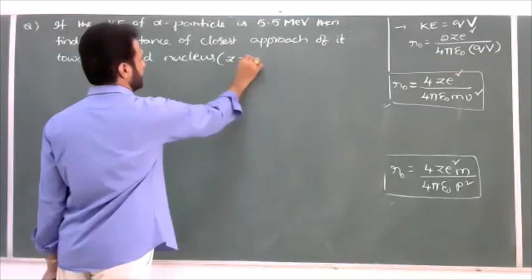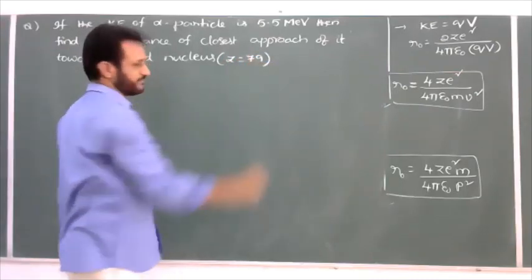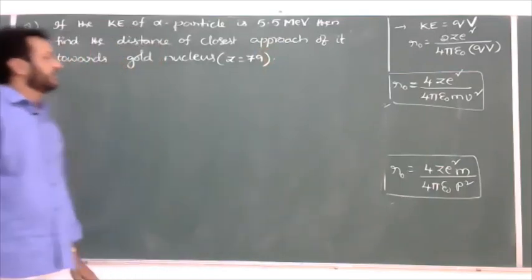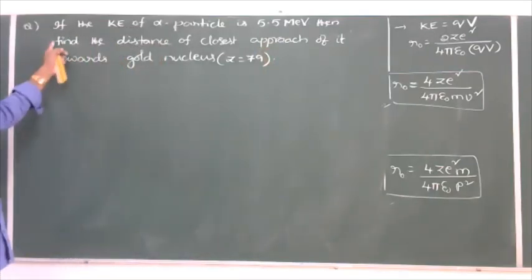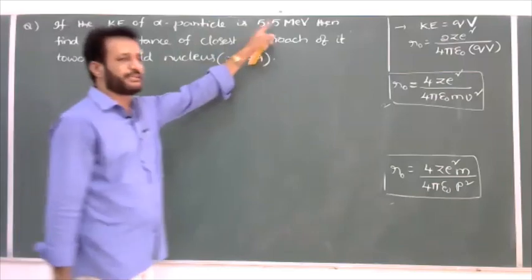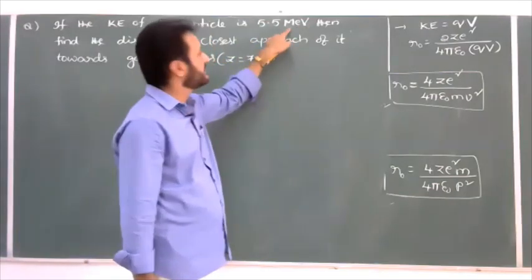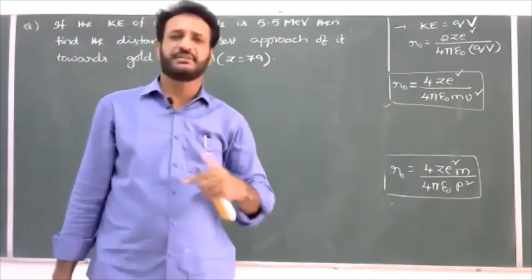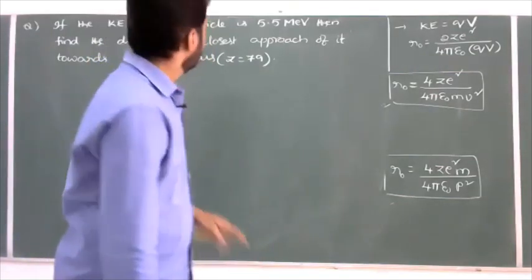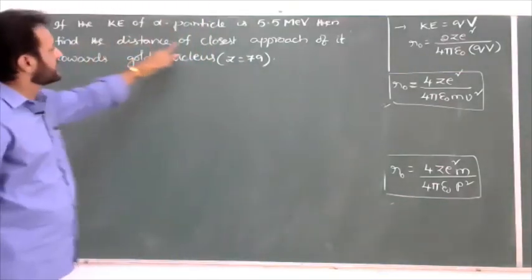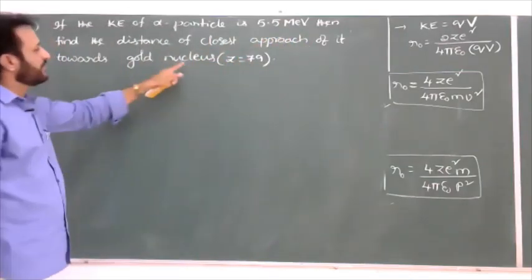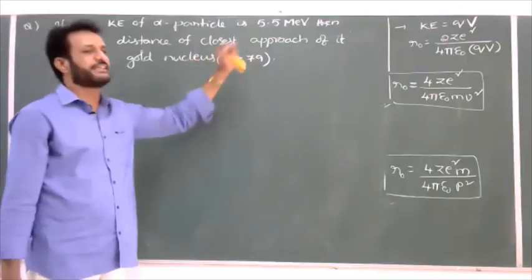In bracket write Z is equal to 79. If the kinetic energy of the alpha particle is 5.5 MeV, mega electron volt. Mega means 10 power 6. 1 electron volt, we also know the value, 1.6 into 10 power minus 19 joule. Then find the distance of closest approach of the alpha particle towards a gold nucleus with atomic number 79.